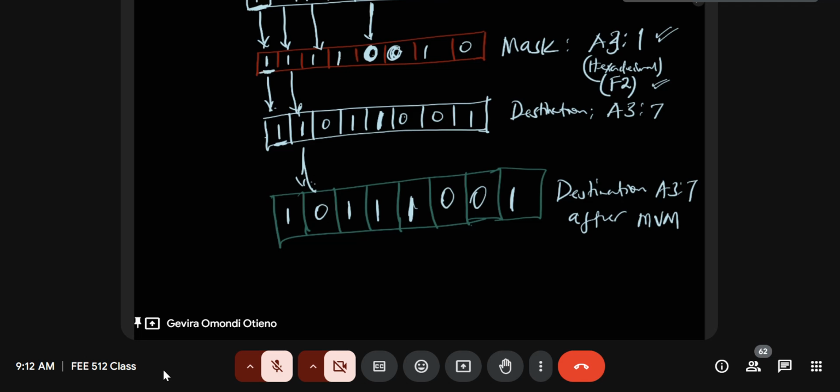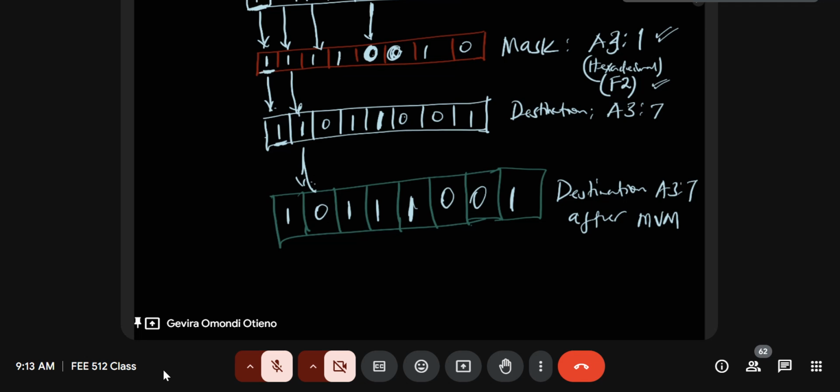So where there is a 1 in the mask, data will pass from the source to the destination. Where there is a 0 in the mask, data in the destination is retained, or it will remain as it was in the last state. The mask must be the same size.